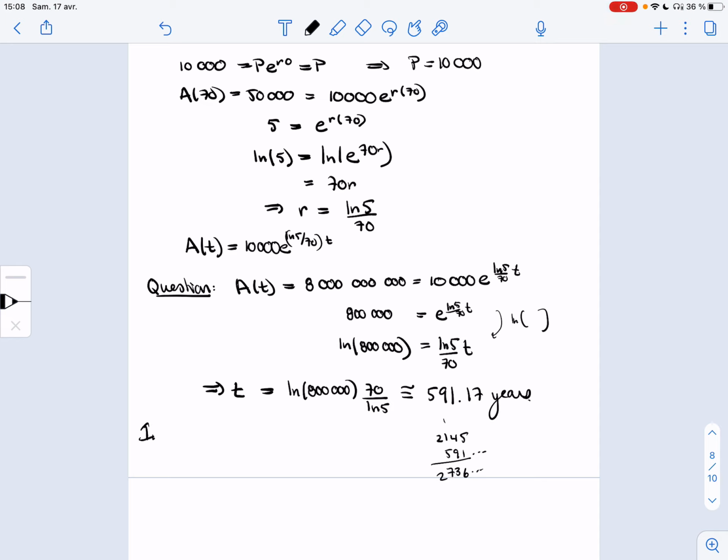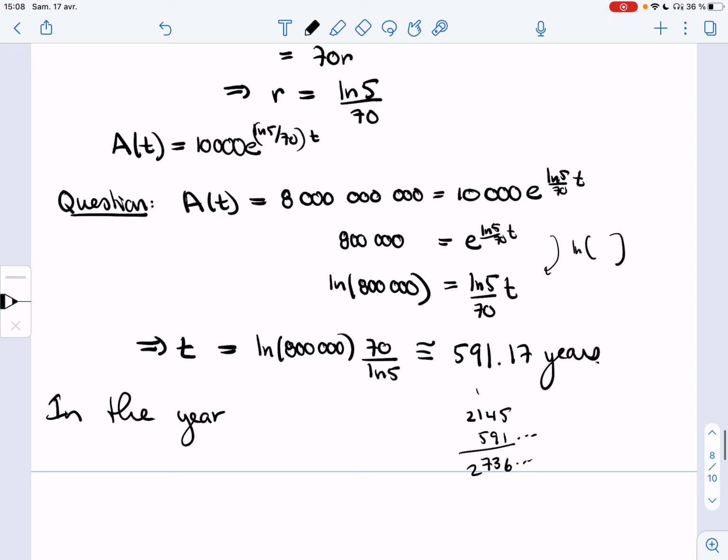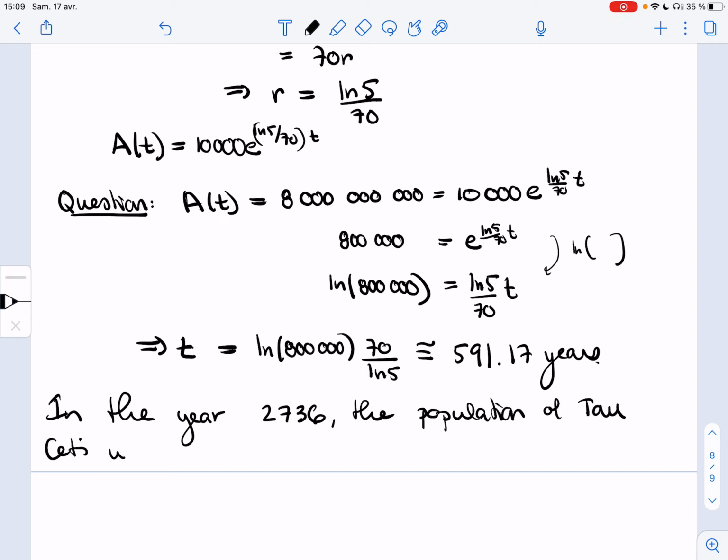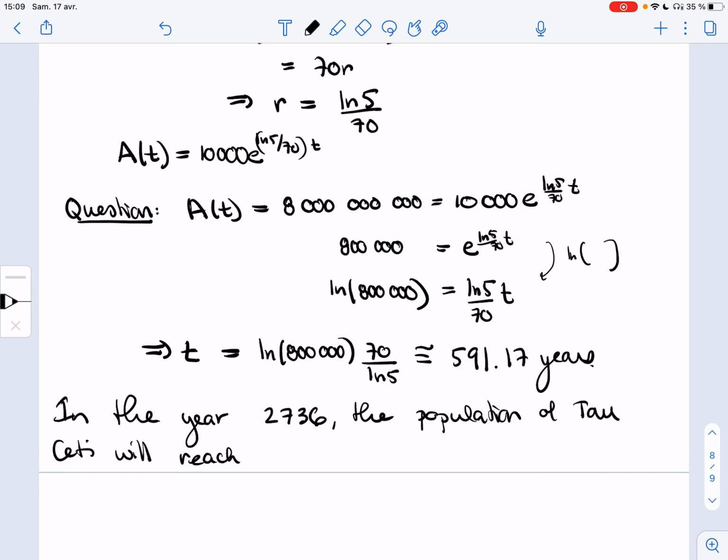So in the year, at some point in the year 2,736, the population of Tau Ceti will reach 8 billion. That's the answer.